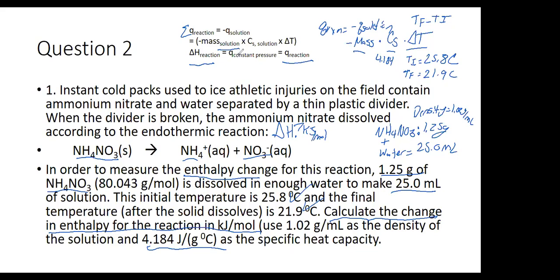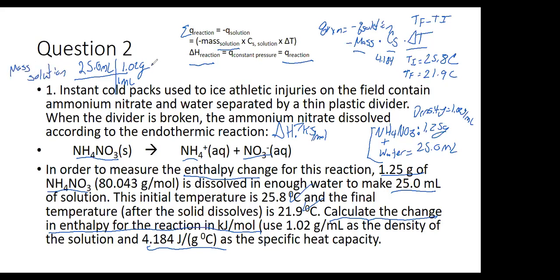A solid does not make a solution. Your solution is the solid plus water, because remember, we talked about what a solution is back in the liquids chapter. So my solution has a volume of 25 milliliters. The density is 1.02 grams per 1 milliliter. So when given a volume of solution, to get a weight, you need the density. That's where the mass of the solution is coming from.